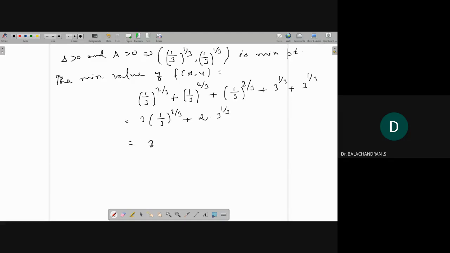Okay, so this is 3 into 3 power 1 into 3 power minus 2 by 3, plus 2 times 3 power 1 by 3. So 3 power 1 minus 2 by 3 is 1 by 3, plus 2 times 3 power 1 by 3. So 3 times 3 power 1 by 3 is 3 power 4 by 3. The problem is over. So this is the minimum value.